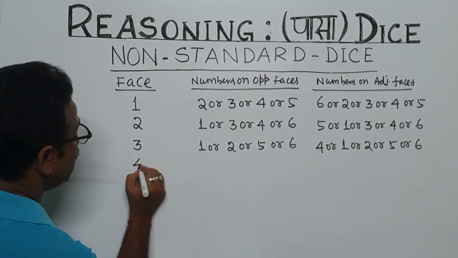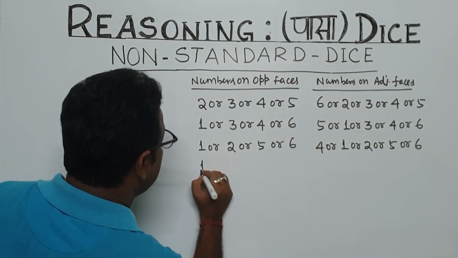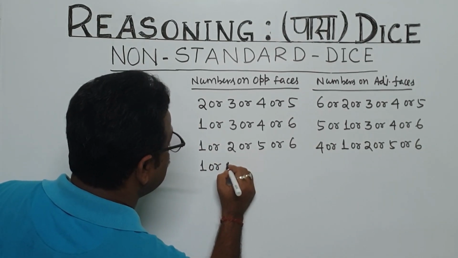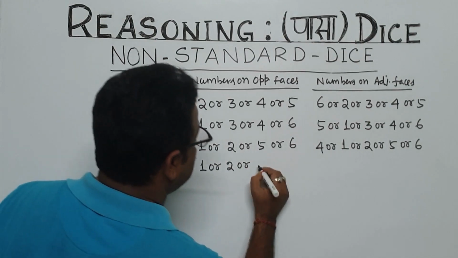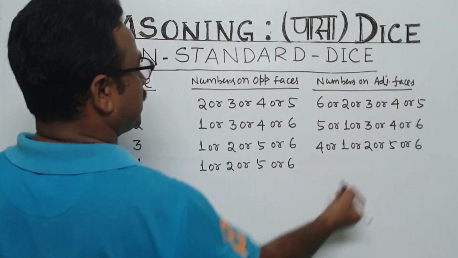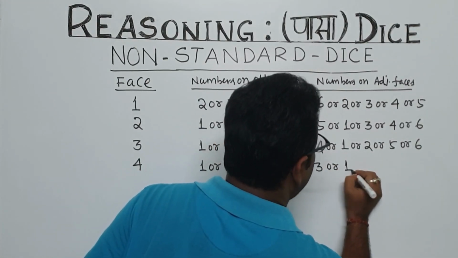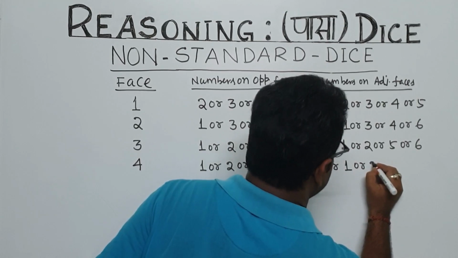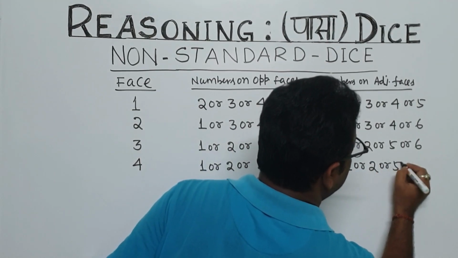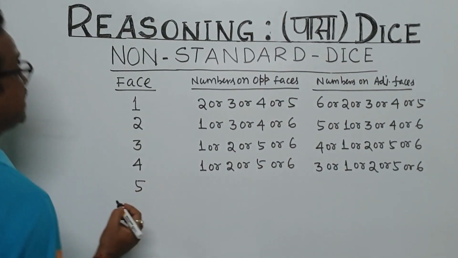Now the face is 4. Then the number on opposite faces will be 1 or 2 or 5 or 6, and the number on adjacent faces will be 3 or 1 or 2 or 5 or 6. Now the digit is 5.